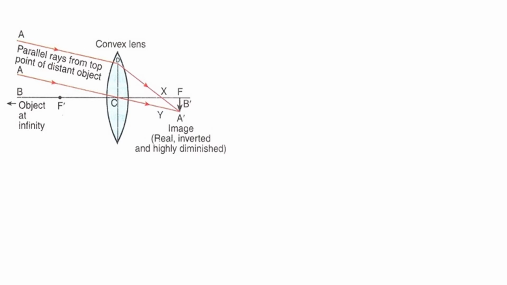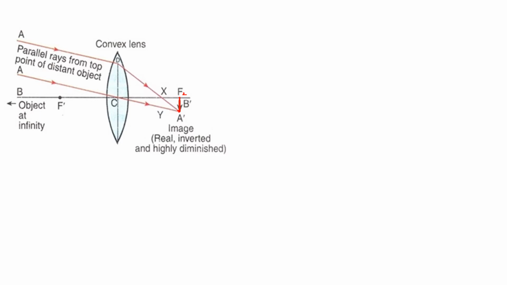So I have taken two parallel rays. Of course after refraction they are going to meet at a point which is straight down from your F2. This is your principal focus. They are not meeting here, but if you extend a line from the principal focus, they meet straight down.